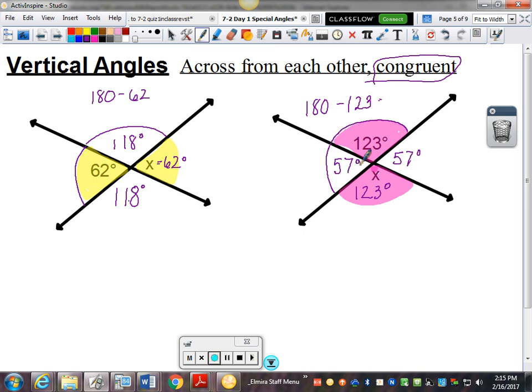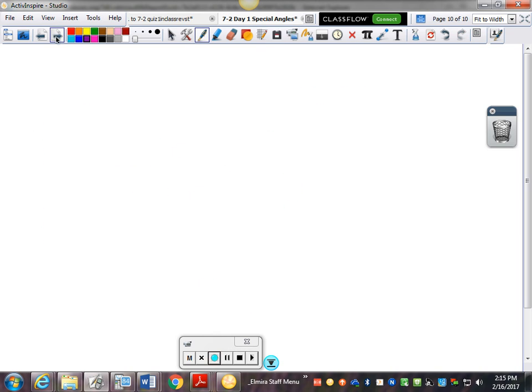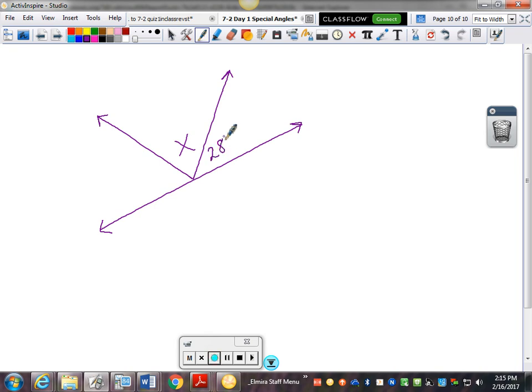Okay, one more thing. I think there's one on your homework like this. Straight line. Not this exact problem, but something similar to it. Let's say this has an x in it, and this one is 28 degrees, and this one is 72 degrees.